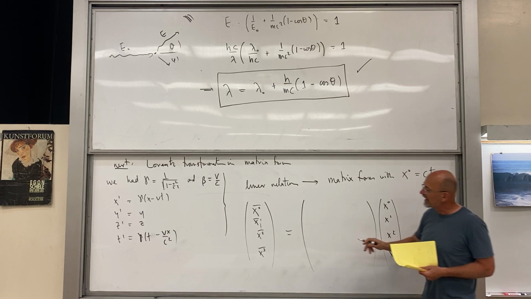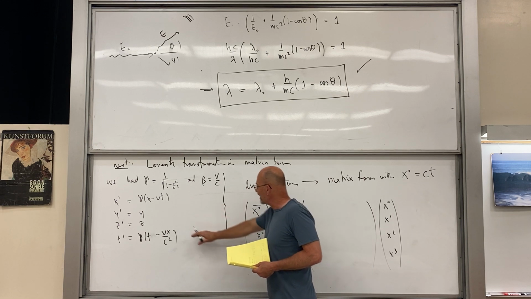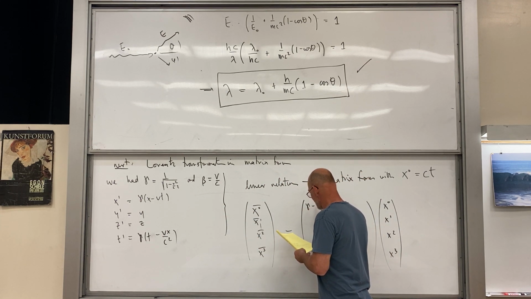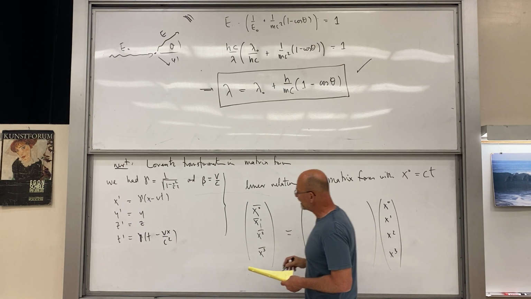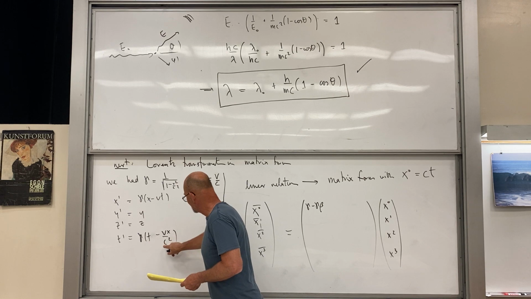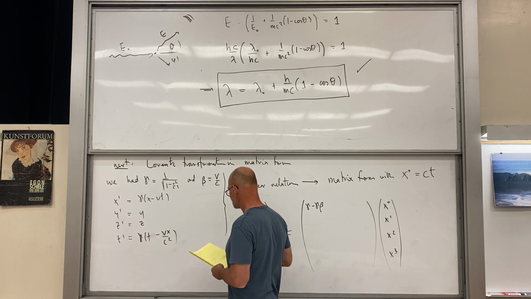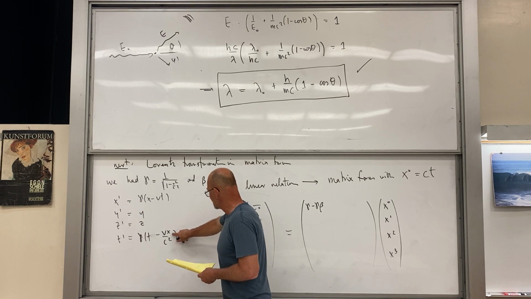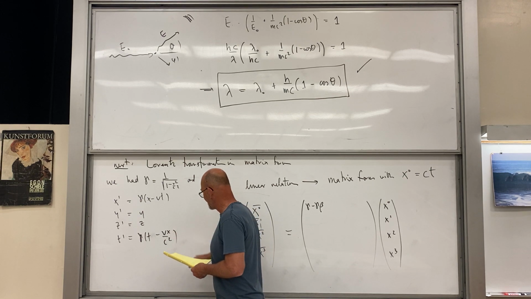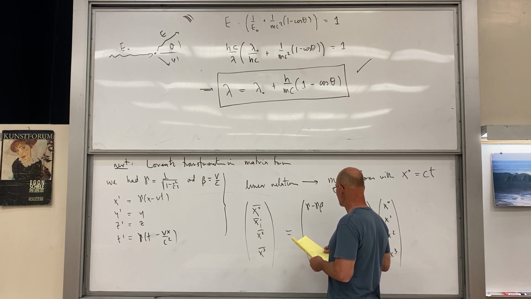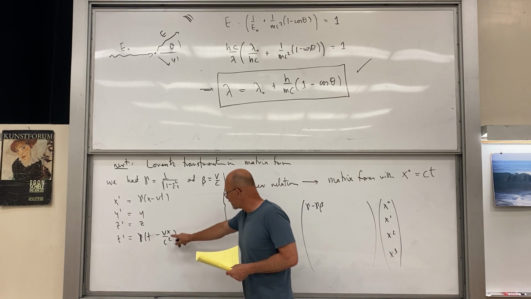And with that, these relations here, we can just read off. We've got gamma, minus gamma beta for the t, right? Gamma t, gamma times beta, the v over c.